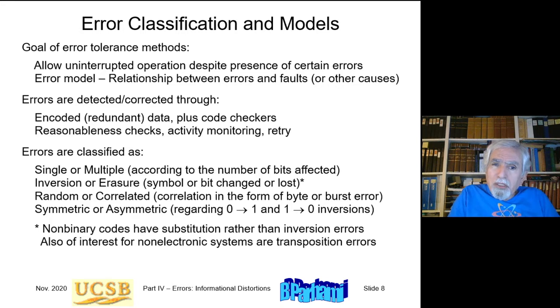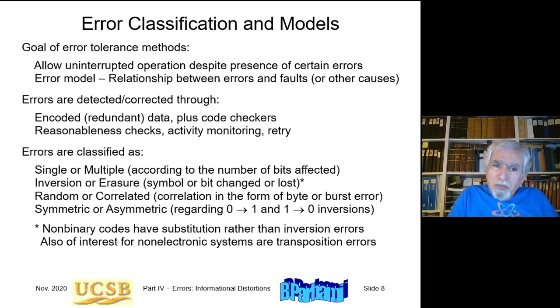So error model is relationship between errors and faults or other causes of errors. Errors are detected, corrected through redundant representations, basically data plus code checkers, or through some reasonableness checks. So for example, activity monitoring and so on. You don't always need to have codes to detect errors.